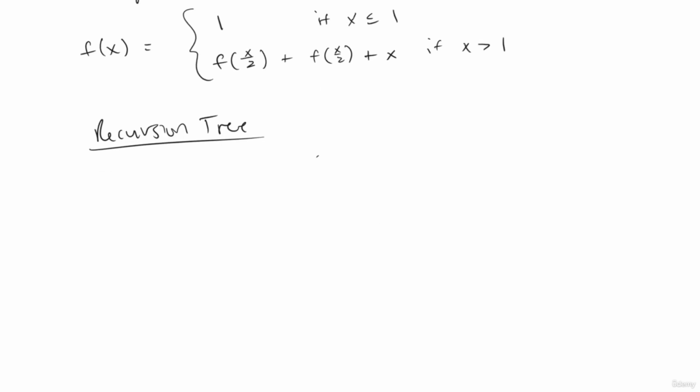And so I'm going to start off with x at the top because that's our initial input. And what happens when I pass x into here? Well, we know that eventually x is going to be returned, but first we have to solve these two subproblems. And so we know that after this, f of x over 2 is going to be called here, and then we're also going to do f of x over 2.